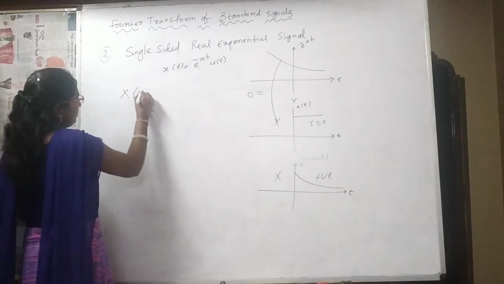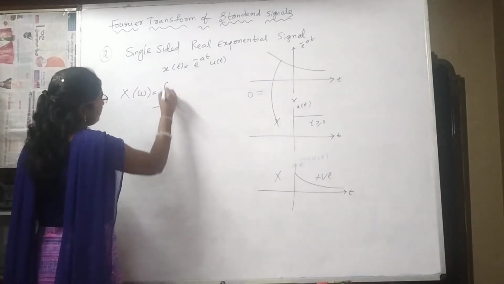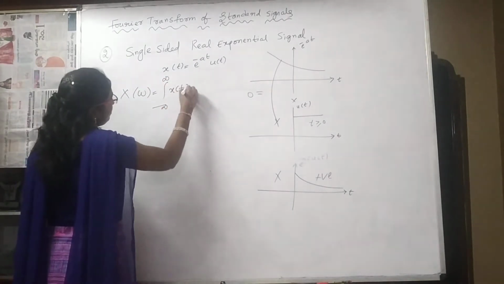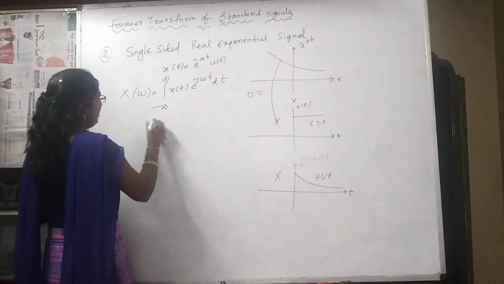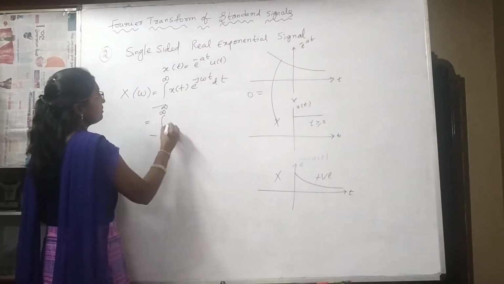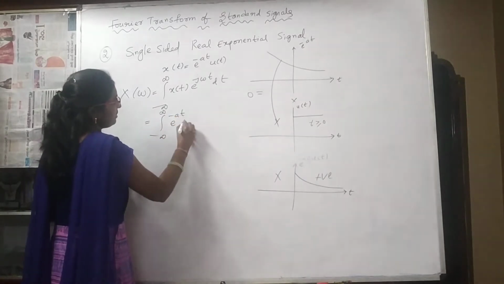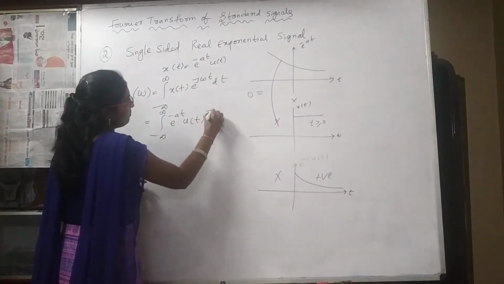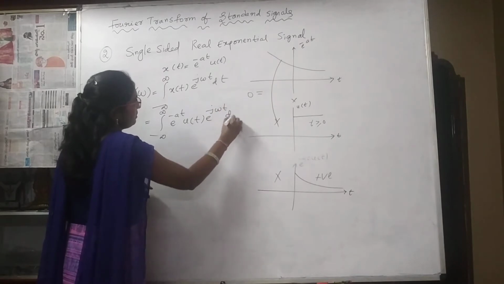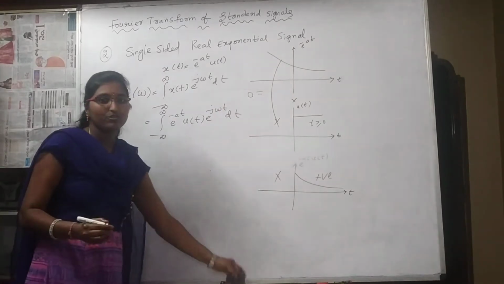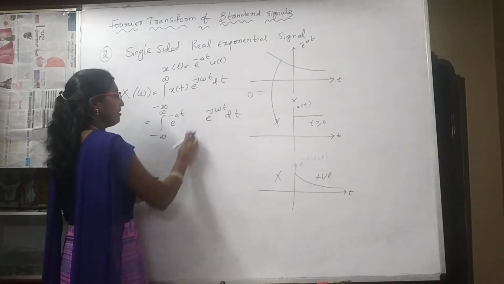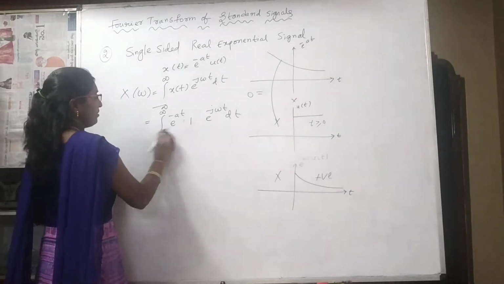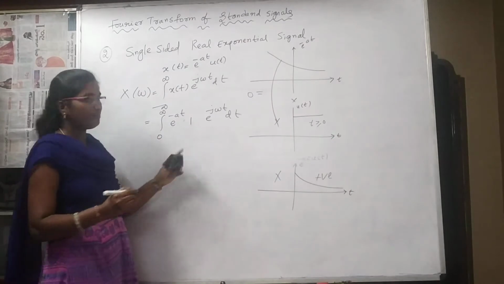The Fourier transform formula is X of omega equal to the integral from minus infinity to infinity of x of t into e power minus j omega t dt. Now it is e power minus at u of t e power minus j omega t dt, and u of t is 1 only from 0 to infinity.